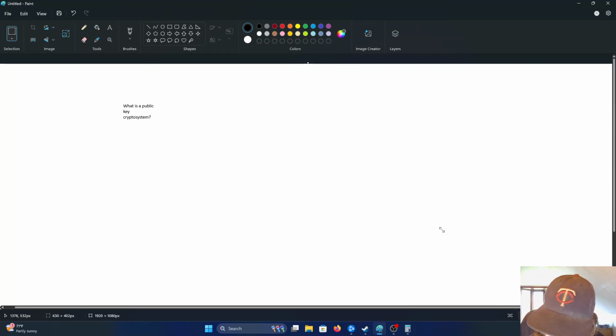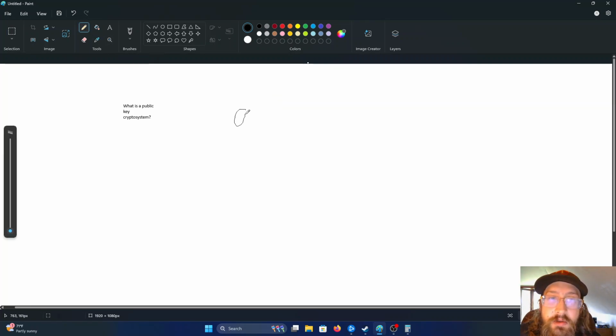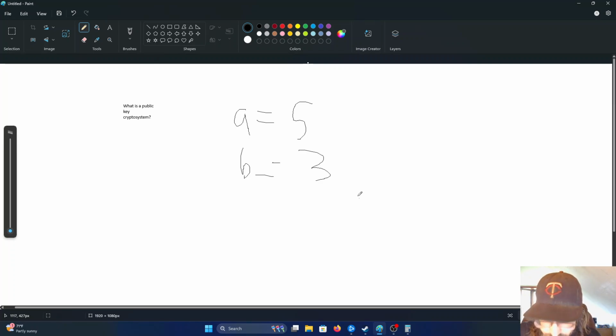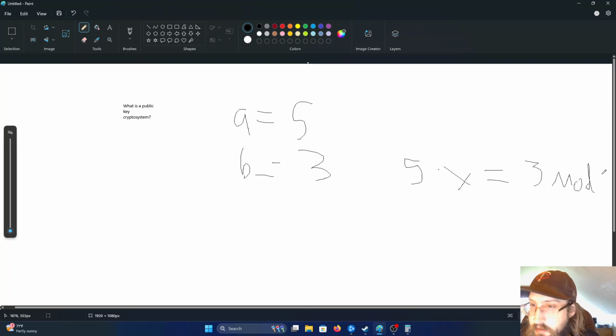Euler's function, and I do know how to pronounce Euler right. In modular arithmetic, it will be important to know when, given a and b, the equation a times x equals b mod n has a solution. Okay, we're given a and b, so let's say a is equal to 5 and b is equal to 3. So 5 times some x equals 3 mod, I don't know, 7.